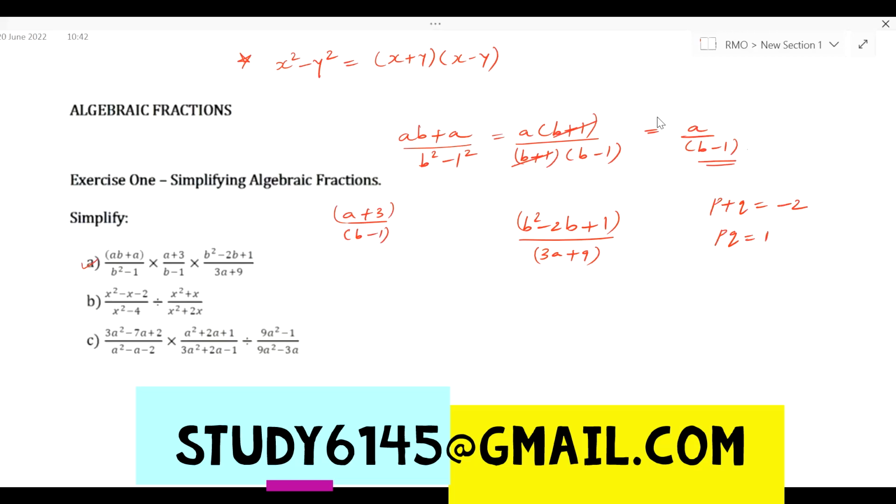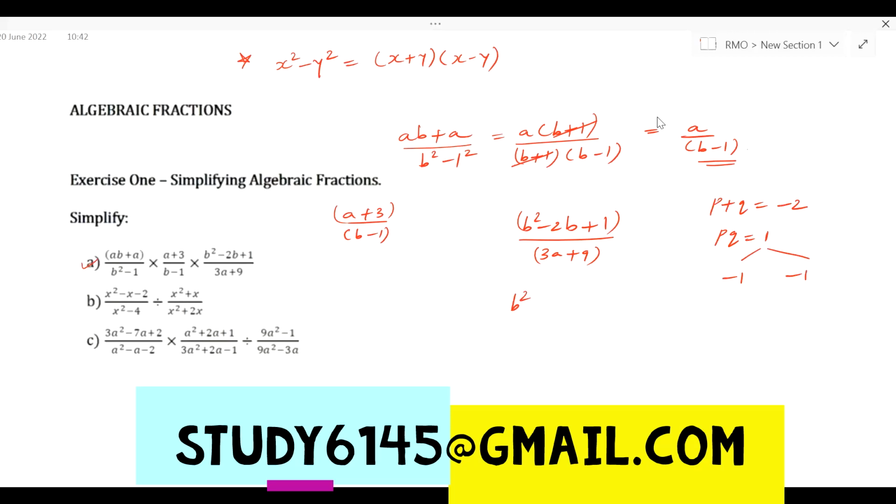Good. So now our two numbers will be -1 and -1. So our factors will be x minus 1 and x minus 1.